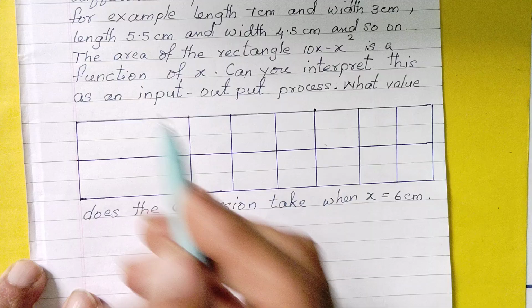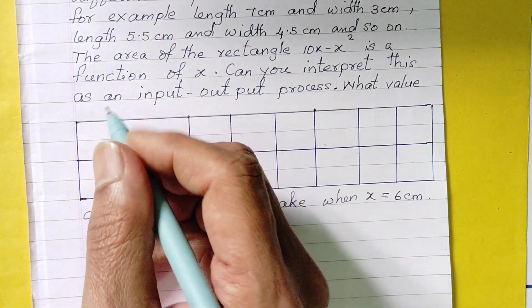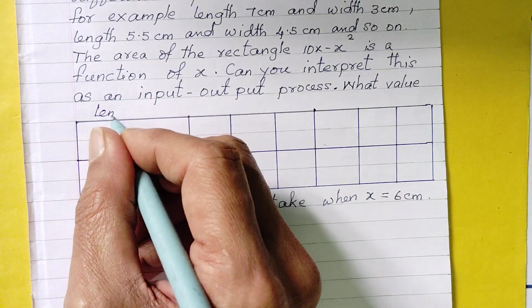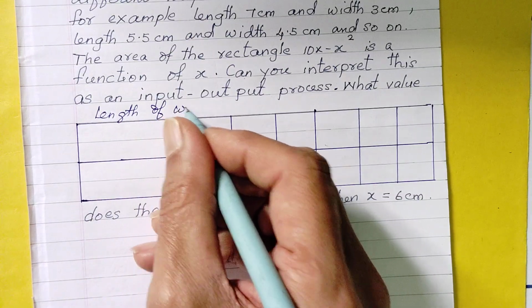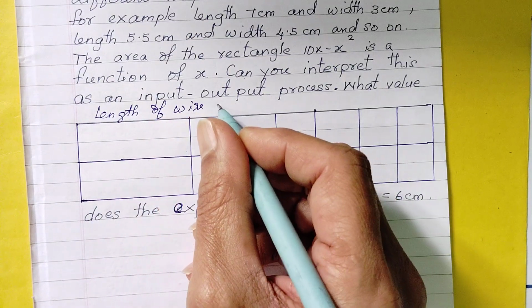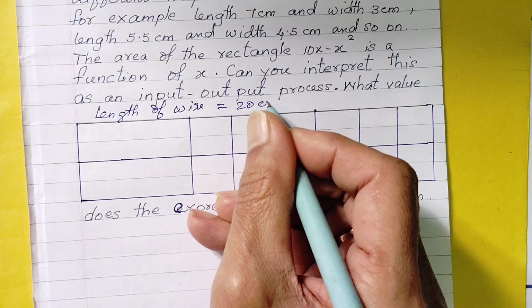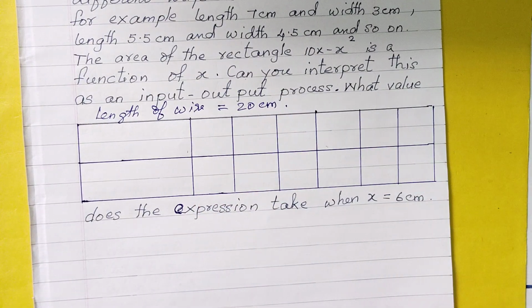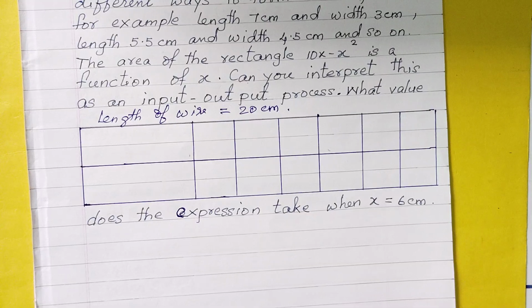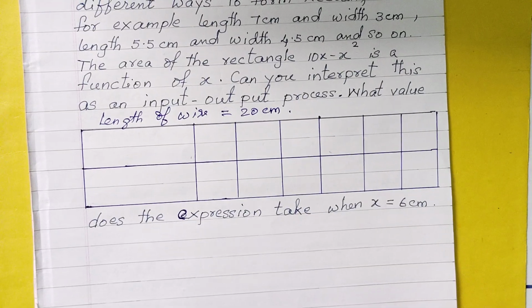So we write here length of the wire equal to 20 centimeters. It is fixed. Length of the wire is fixed. So now we can bend it in the form of rectangles.